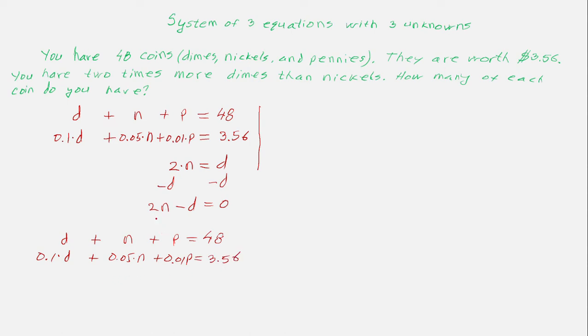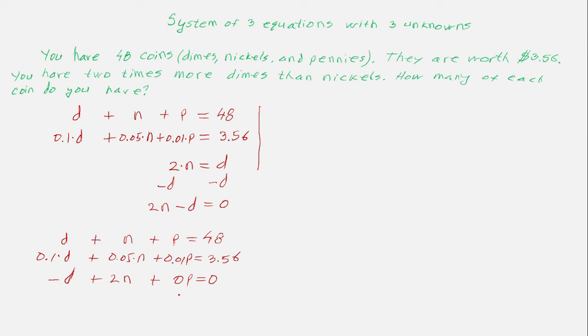And then 2n goes under here, so it's plus 2n. Minus d goes where the d's are, so minus d right there. And then we don't have any pennies, so we can just put plus 0 if we want to, and then equals 0 on the other side. Now I put 0 here just because we need it for matrices. Other than that, it's not really necessary.